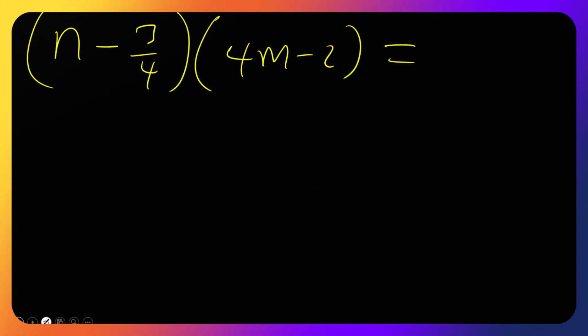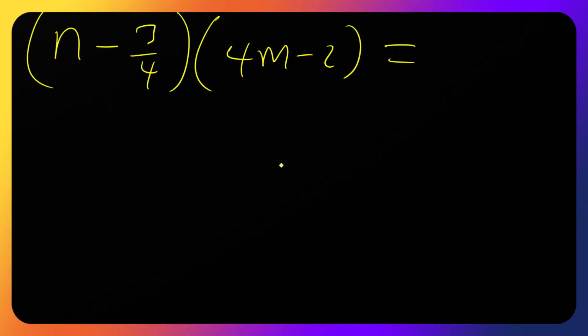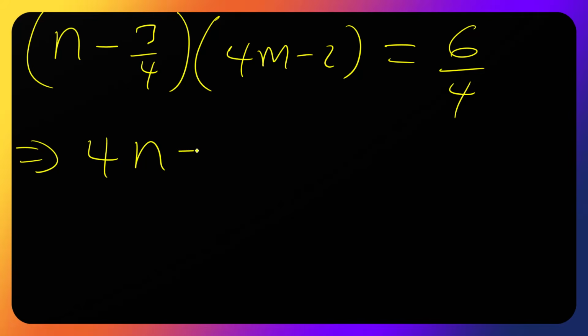So now that this side has been achieved, we can proceed. So we have 6 on 4. If I multiply this side by 4, that will be 4n. So times 4 cancel, minus 3.